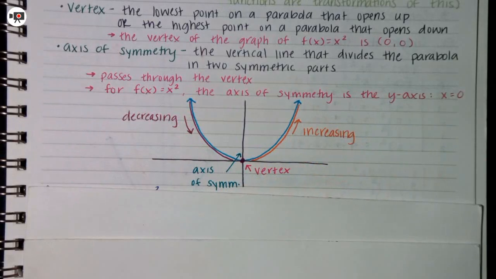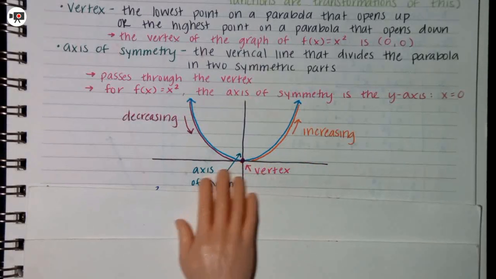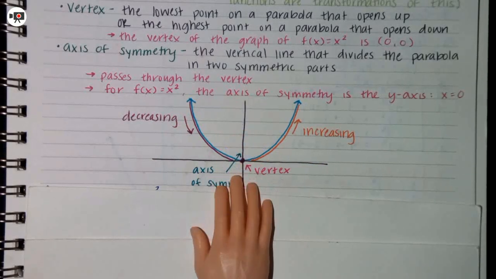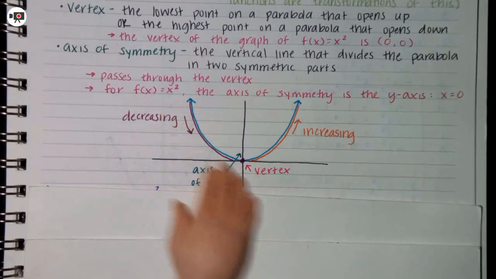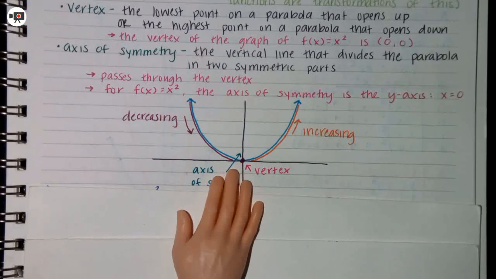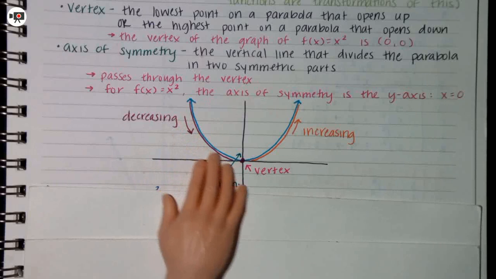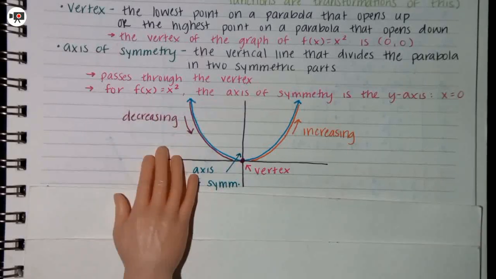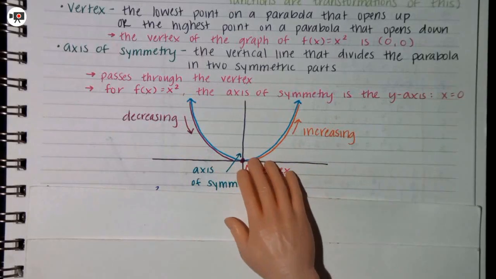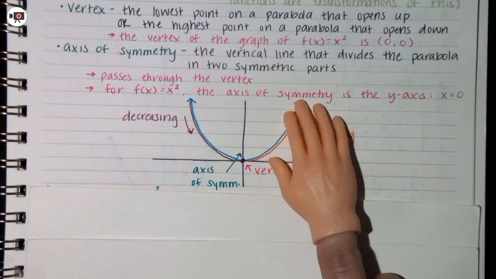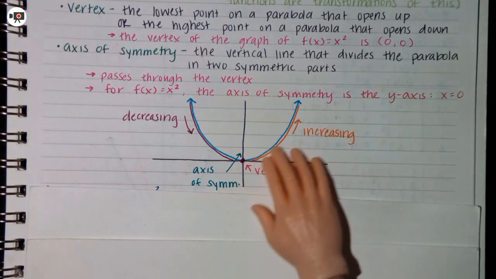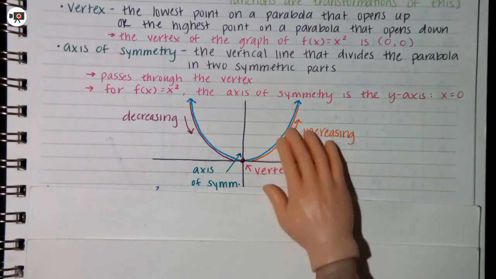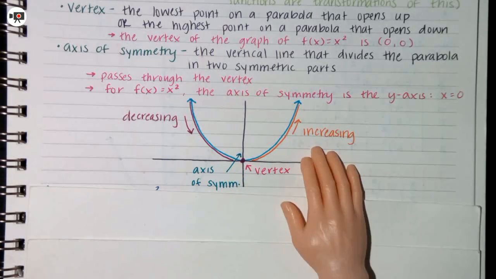This would be like the parent function, where the vertex is 0, 0, and the axis of symmetry is that y-axis. And on the left side, the slope would be negative. The y's get smaller as we read from left to right. So we would say this is decreasing. And on the right side, the y's increase as we read from left to right. The slope would be positive here, so we say this is increasing.